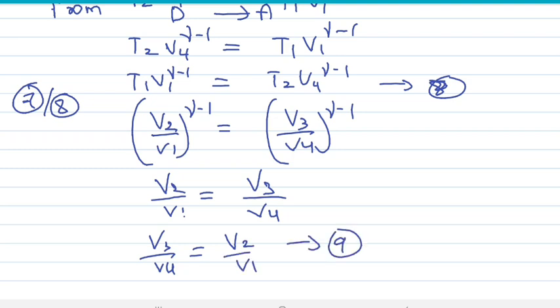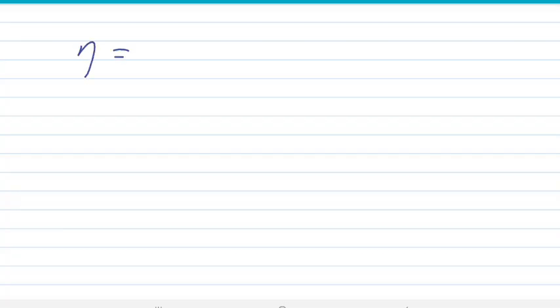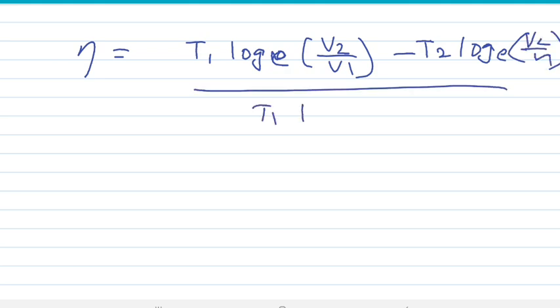This is equation number 9. Substituting equation number 9, V2 by V1 in the place of V3 by V4 in equation number 6, I get efficiency eta is equal to T1 into log base e V2 by V1 minus T2 into log base e V2 by V1, divided by T1 into log base e V2 by V1.